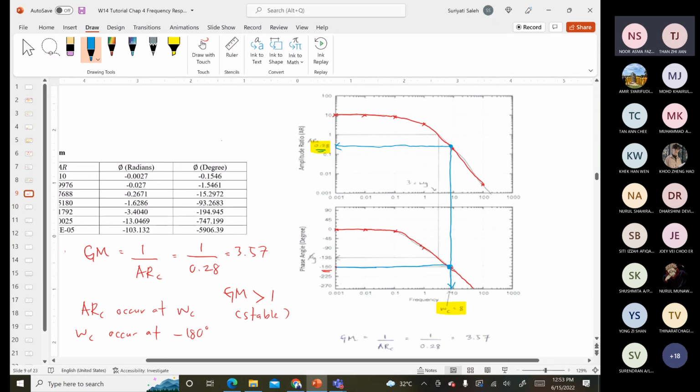So I put the value ARC 0.28 inside my gain margin equation, and the gain margin contributes to 3.57. According to the criteria, when you have GM greater than 1, your system is stable. So this is how you can interpret the stability according to the frequency response.